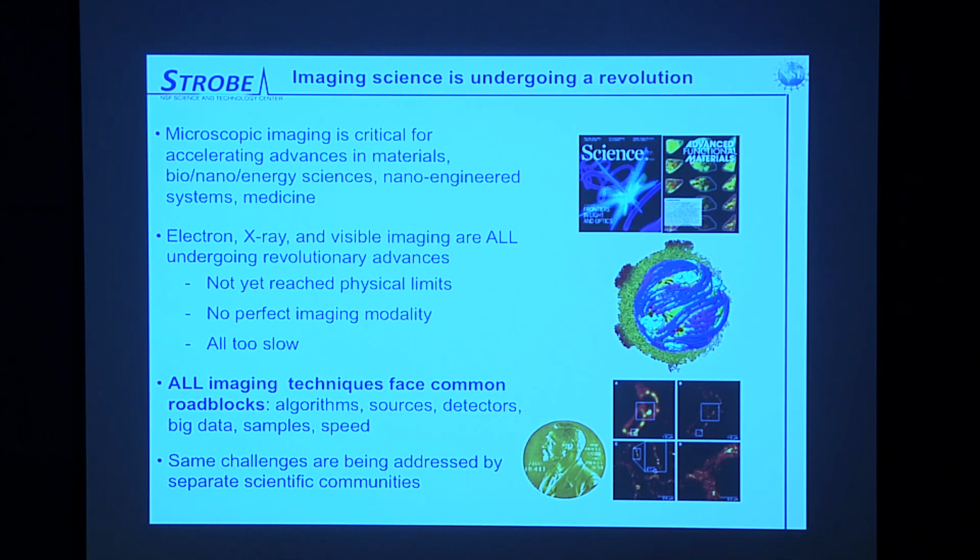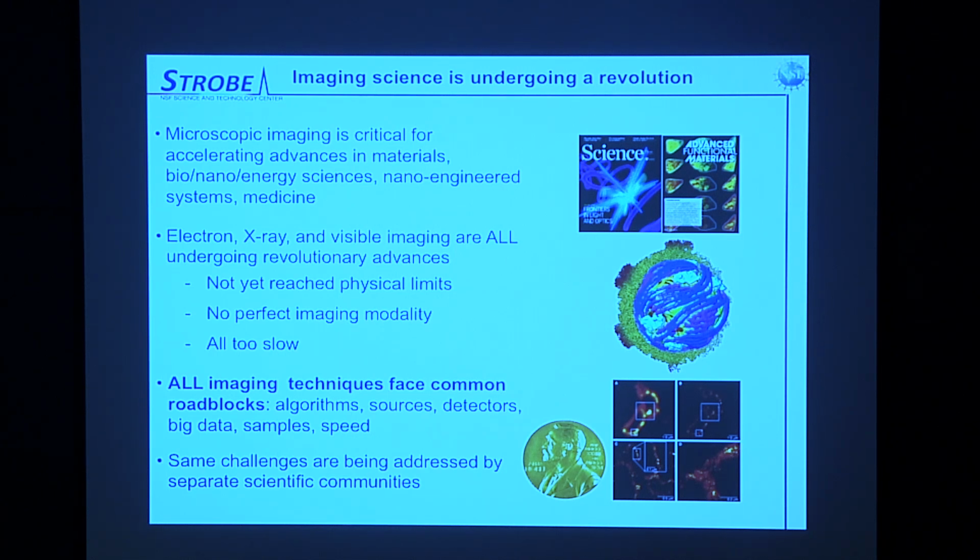And a group of us got together because we wanted to propose a science and technology center. And what we realized is that we were all dealing with exactly the same problems: big data, algorithms, computation. And we were all going to different conferences, so we usually never talked to each other.